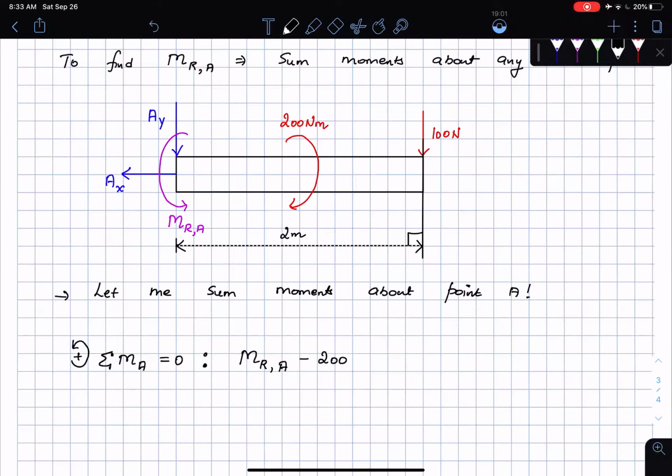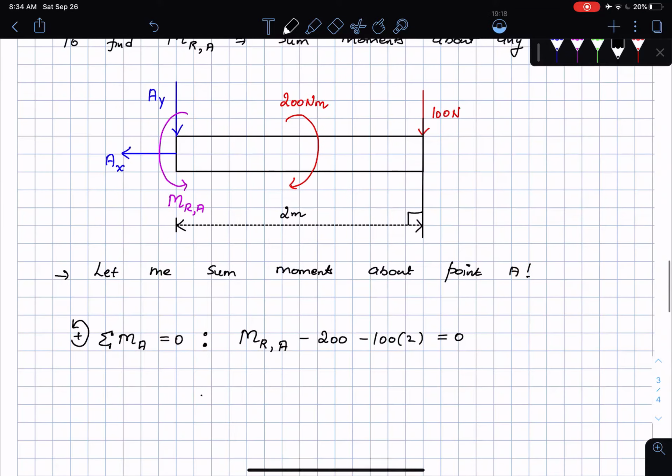Sense of the moment, right hand rule, fingers aligned with the force, my palm faces the point A, curl my fingers clockwise. So this is going to be minus 100 times 2. All of them set equal to 0. Okay, which tells me that MR comma A is equal to 400 Newton meters.